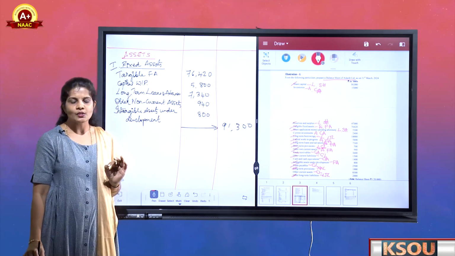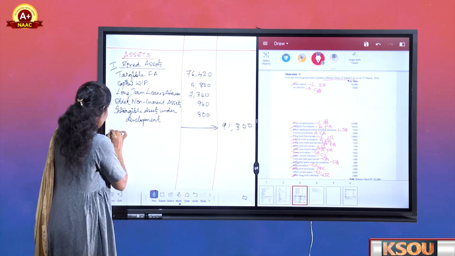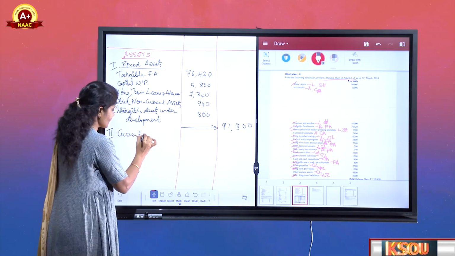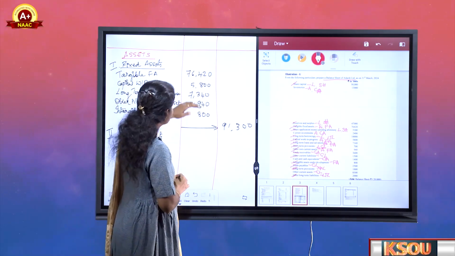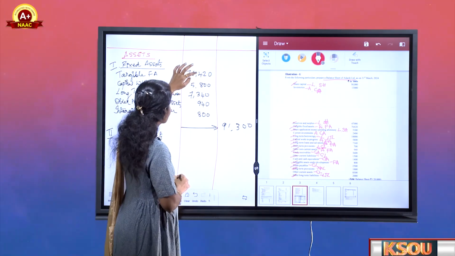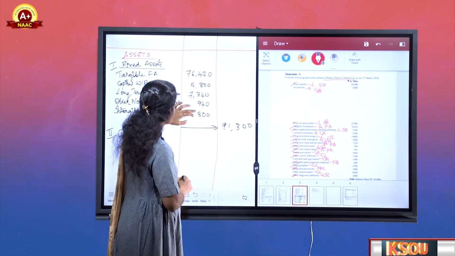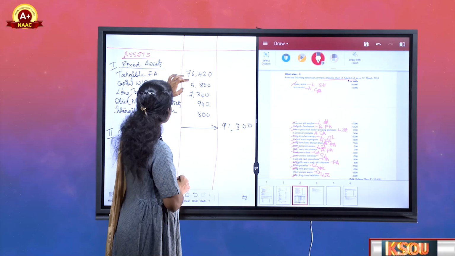So, this is the total of fixed assets. Okay. Next, we will go for current assets. Let us check the total once again.